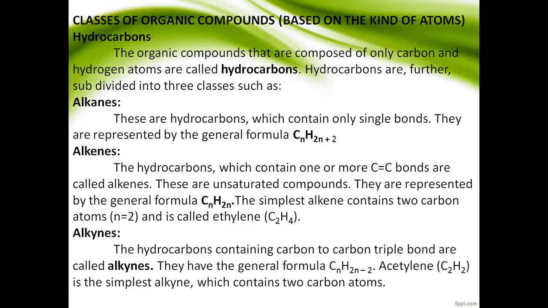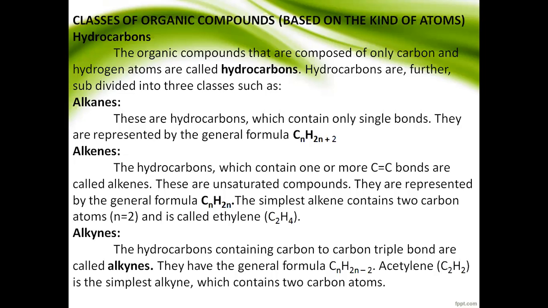Methane, ethane, propane, butane, pentane. Okay. So first, n equal to 2. The formula is C2H2. So ethyne, propyne, butyne, pentyne. Okay. So this is the alkynes family.